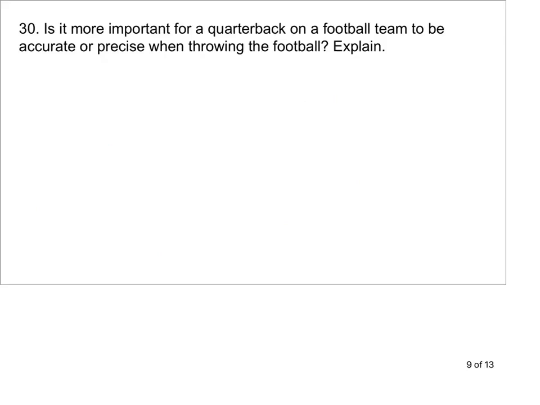Number 30, is it important for a quarterback on a football team to be more accurate or more precise? Yeah, so we want to be accurate. Accuracy is more important.